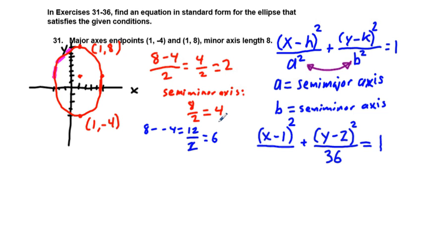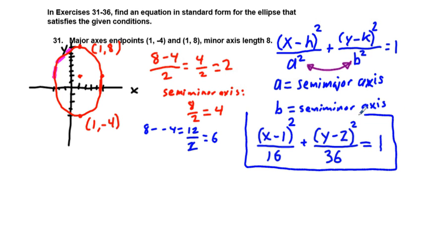And our semi-minor axis length is 4, and 4 squared is 16. So in this case, we have it switched where our a squared is underneath our y term. So this is going to be our equation in standard form of this ellipse.